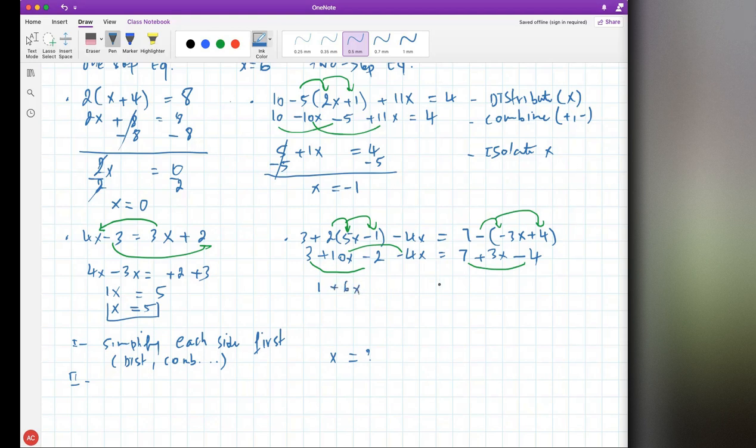Professor, is it possible that I can move the numbers without x next to each other, then the numbers with x next to each other, so it will be easy for me in the operation? So you want to write them next to each other first?